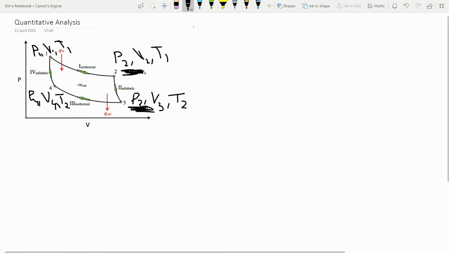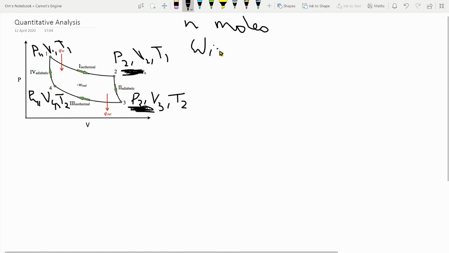Alright, so we're going to say that there are n moles of the ideal gas that has been put within the engine, and we're going to use this n moles to produce some work out of it. So the first thing that we might think of doing is to calculate the total work that is done in this whole process. For this, we are going to use two important formulas.